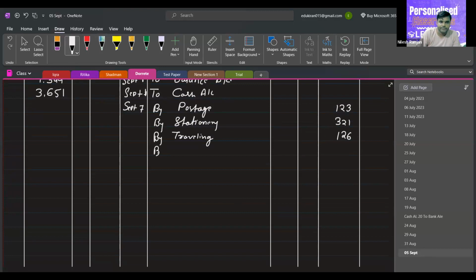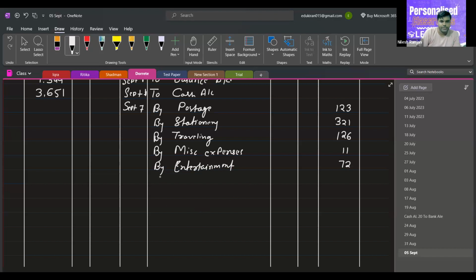So by miscellaneous expenditure, it is 11. Again, by entertainment, it is 72.